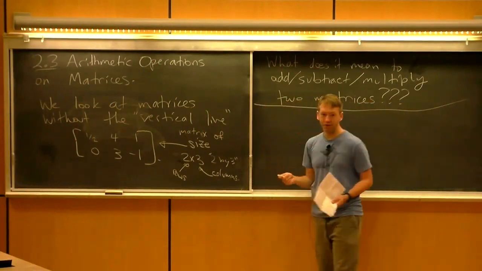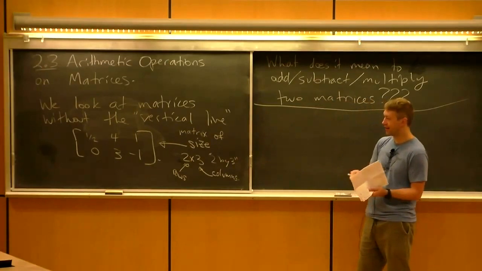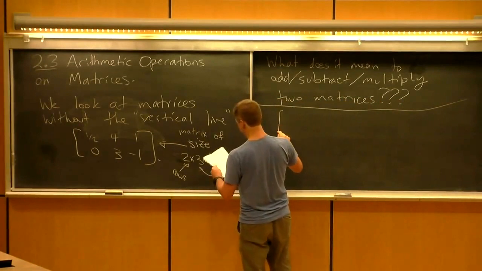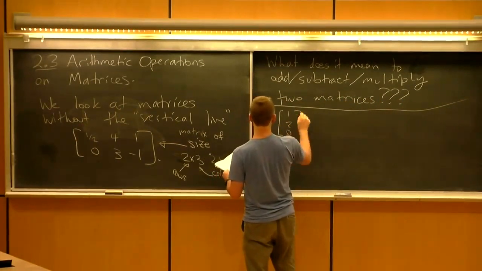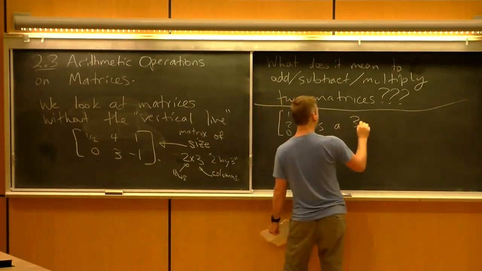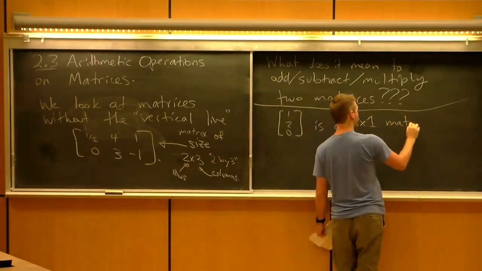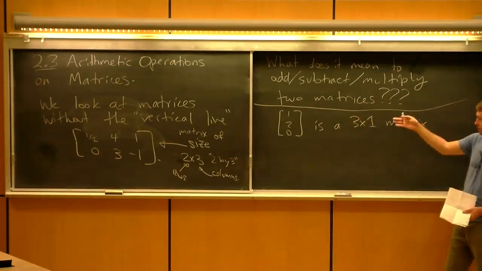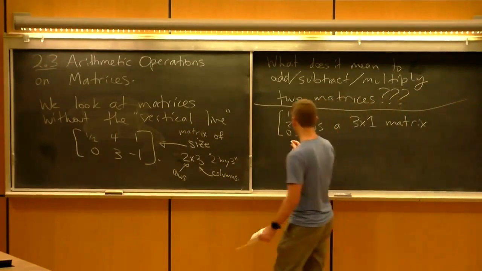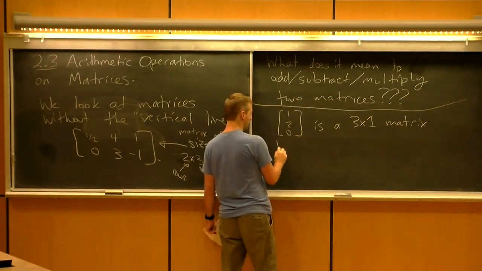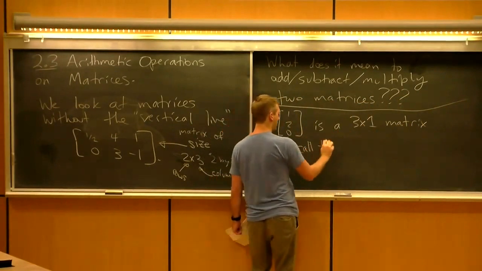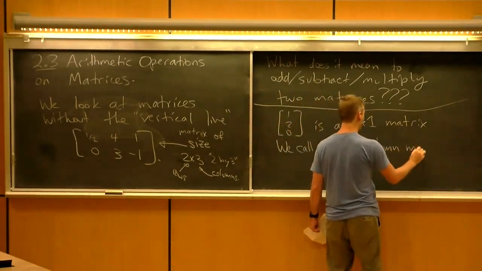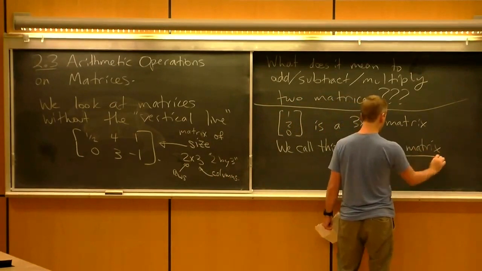Some special types of matrices are ones that have just 1 row or 1 column. This matrix, for example, 1, 2, 0, is a 3 by 1 matrix. When you have just 1 column, we call this a column matrix, because it only has 1 column.